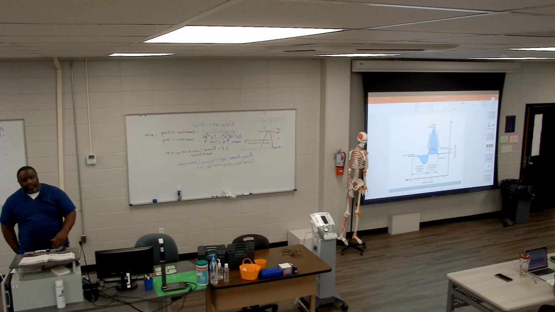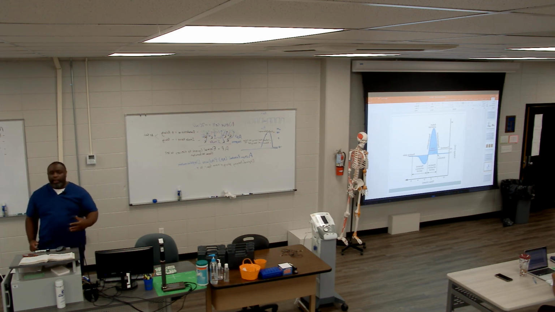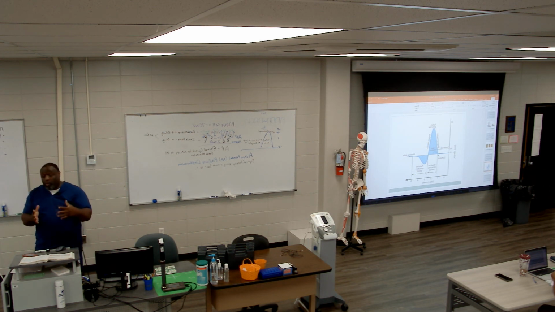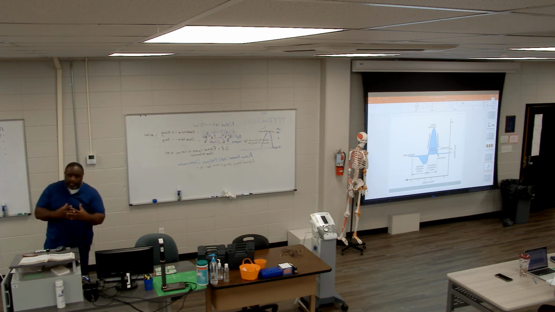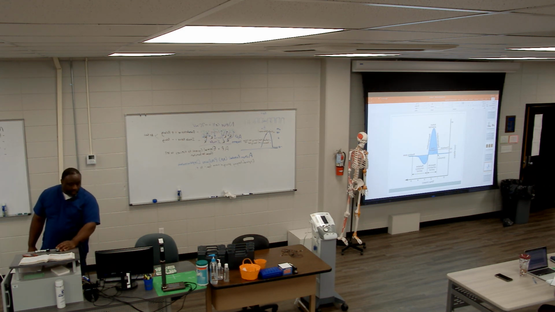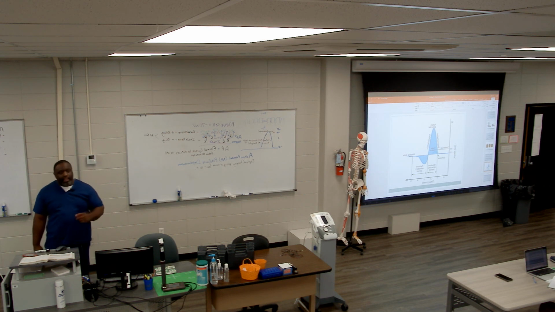Whatever that stimulus was caused full depolarization, or it caused the pushing out of the potassium that's normally in the cell and the bringing in of the sodium, which was normally on the outside of the cell. We depolarize until we reach a point of positive 30, which triggers repolarization, or the now bringing back the potassium and kicking out the sodium.